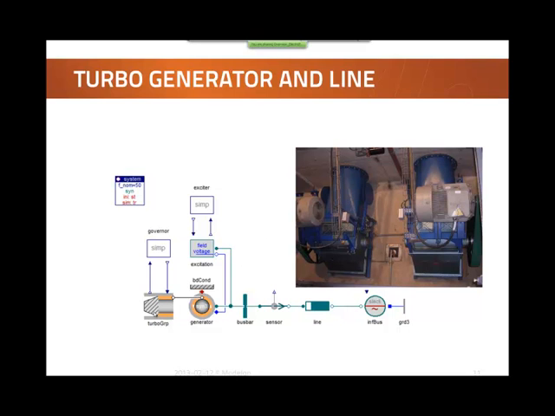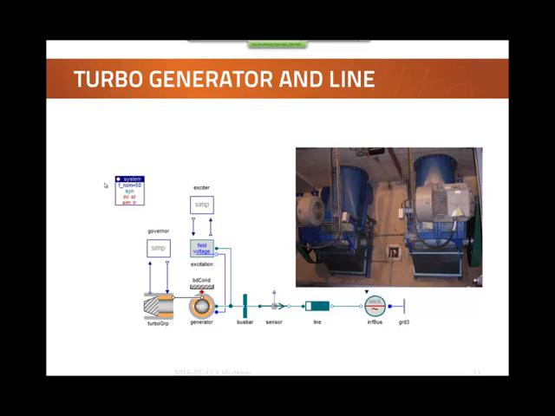Basically a turbo group, a generator and a line, and some kind of grid connection. There is also a system reference block, so to say, where you set the overall features such as frequency of the system.